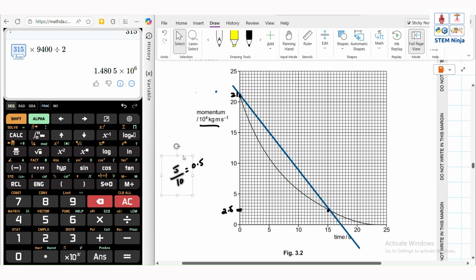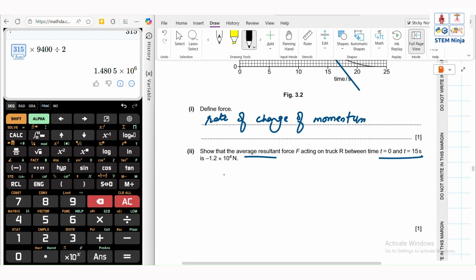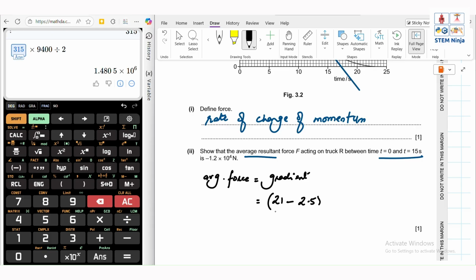Right, so 21. So average force would be the gradient, simply average gradient. So we have 21 minus 2.5, 10 raised to power, what was the value?